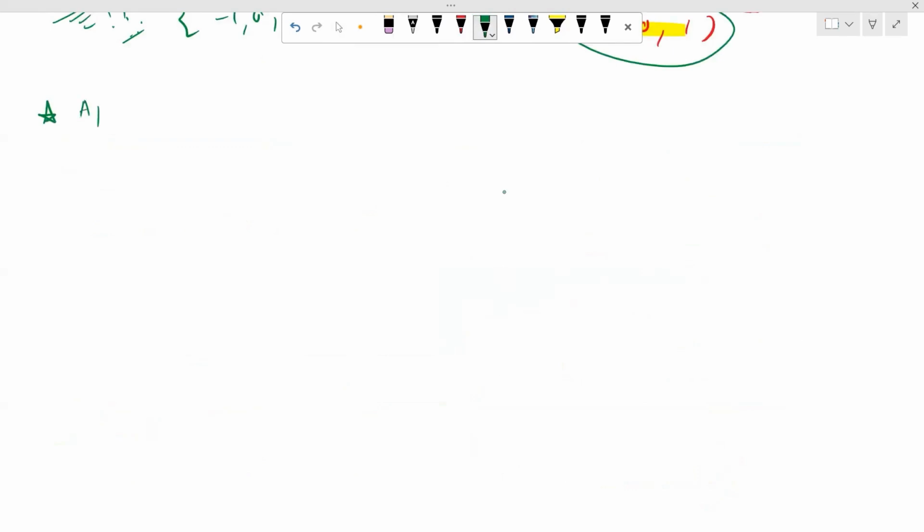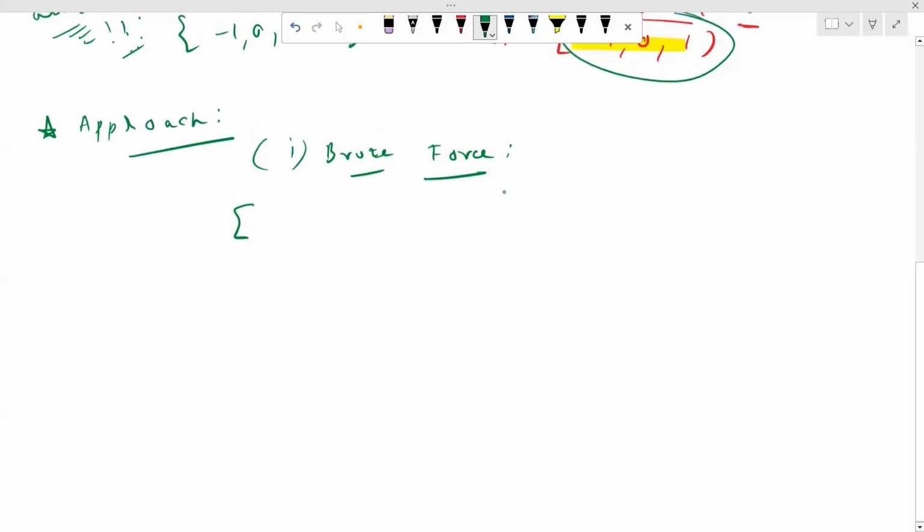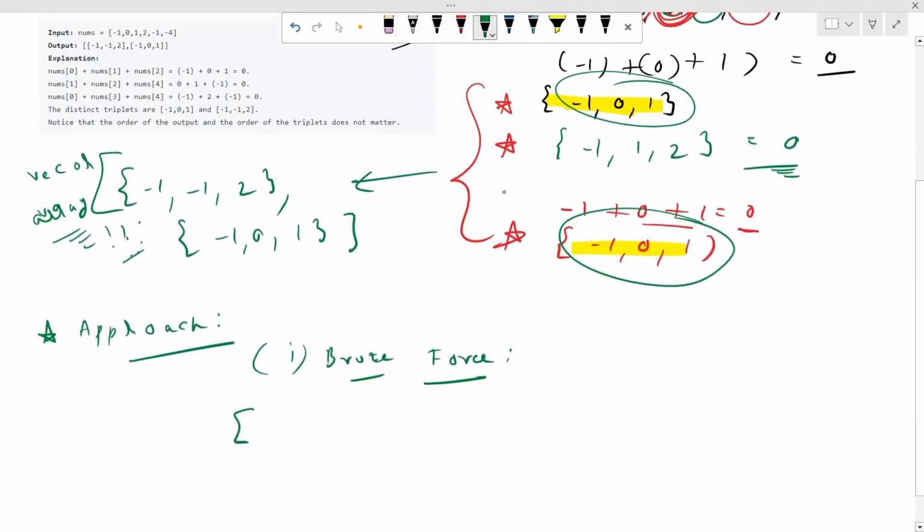So let's talk about the approach. First of all, let's talk about the brute force approach. Let's say we have the same array: -1, 0, 1, 2, -1, -4, right?